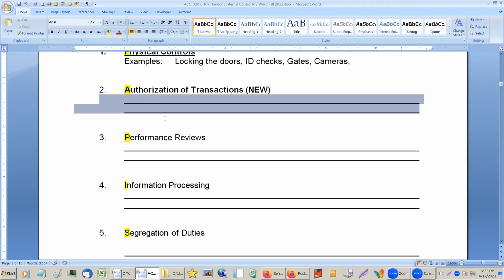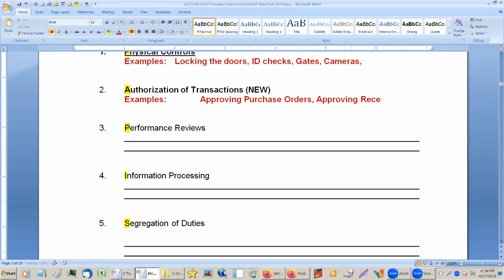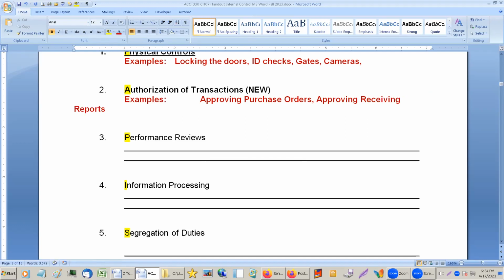Authorization of transactions is approving purchase orders, approving receiving reports, anything that requires an approval, obviously.